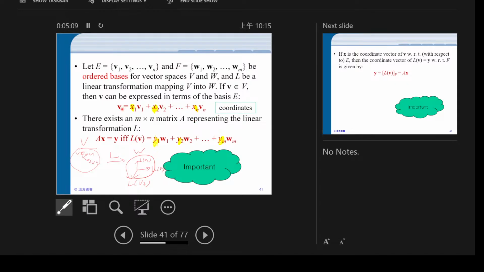This is the coordinate of this small v in terms of the E basis. Similarly, any vector inside W has a unique coordinate, which is a vector in Rm. Now that we have those two coordinate mappings, the theorem is pretty obvious.